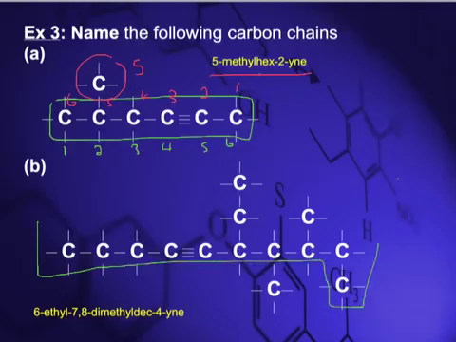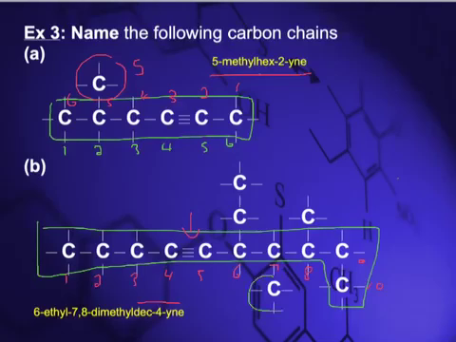The second example, once again, we have to identify the longest parent chain, and it is right here. And we will number this left to right. 1, 2, 3, 4, 5, 6, 7, 8, 9, 10. And we note that the triple bond is between position 4 and 5. So the final name of this compound is some sort of dec-4-yne. Now we note where the branches are.